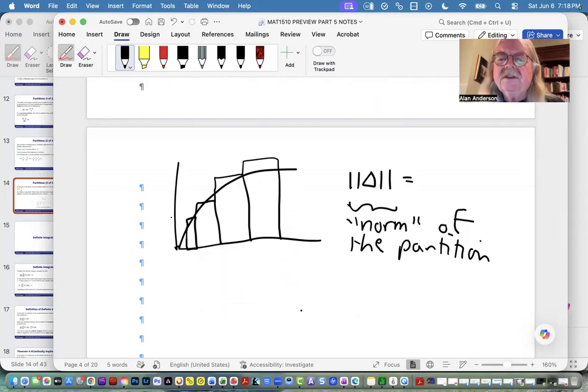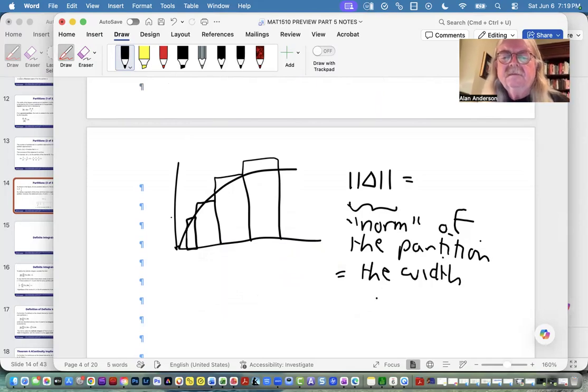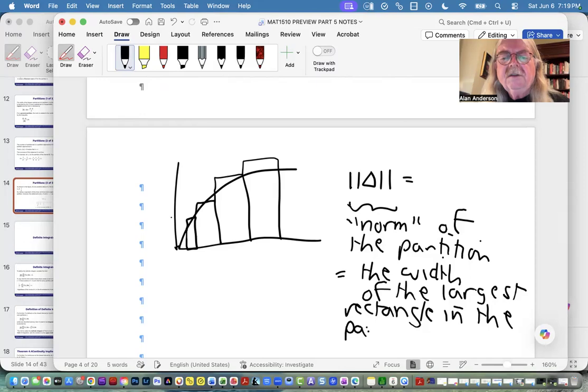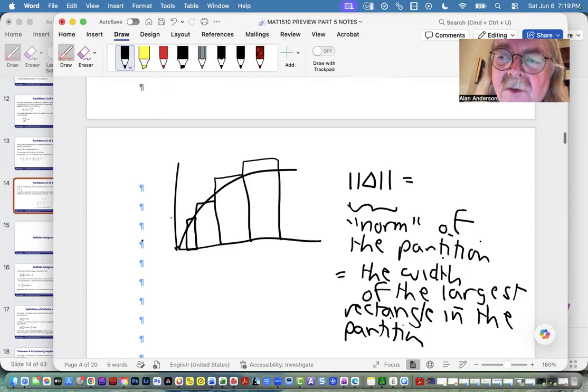And all it means is the width of the largest rectangle in the partition. So in other words, if we take the limit as the norm goes to 0, that guarantees that all the smaller rectangles will also go to 0. That's why they're doing it this way.